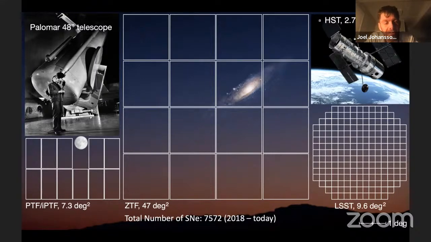One thing that you're missing, of course, in this 2D image is the depth. ZTF typically goes out to 21st magnitude in, let's say, R band.